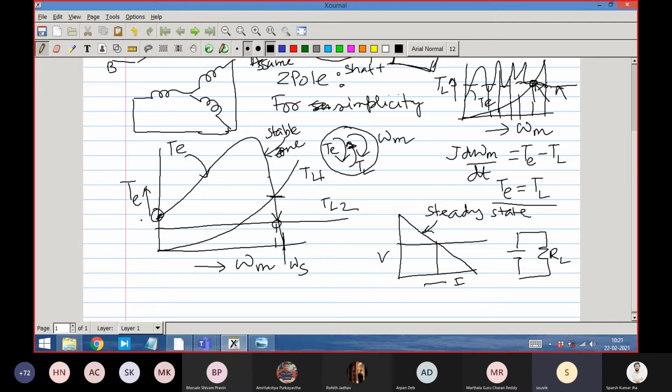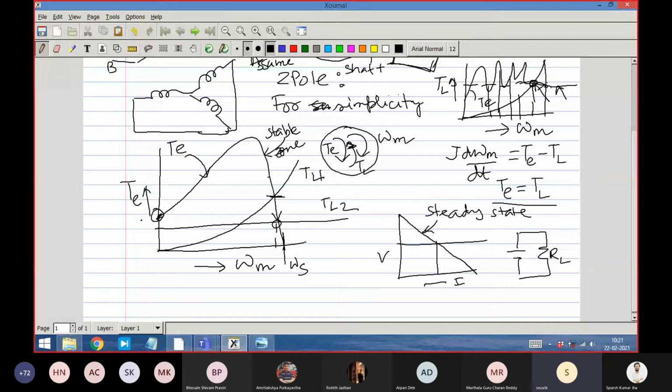The flux is developed because of Faraday's law. Faraday is not bothered about anything. Faraday is simply linking voltage and the rate of change of flux, and you can see that the electrical system comes quickly under almost steady state.